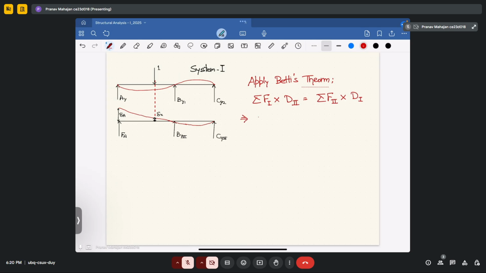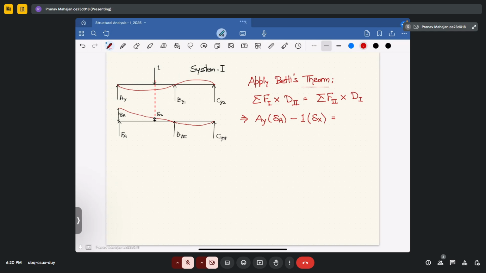Since Ay is in upward direction, I am taking it to be positive. So Ay into the displacement in system 2, delta A. Second is 1 kilonewton, which is acting in downward direction, so I am taking it to be negative. So 1 into delta X. Since at all other points it is 0, I am not considering them.